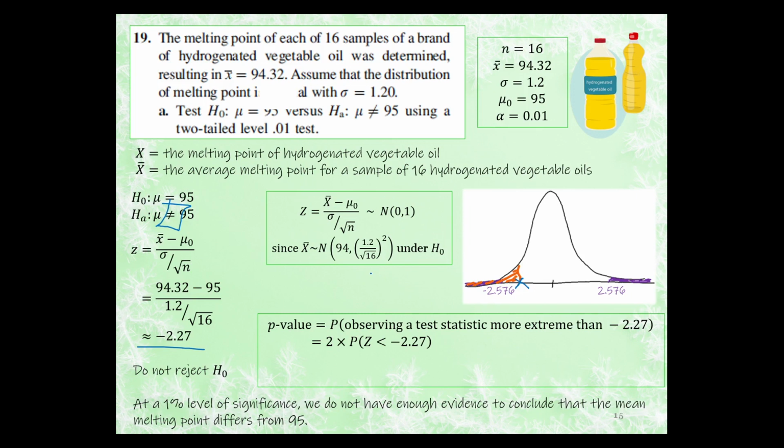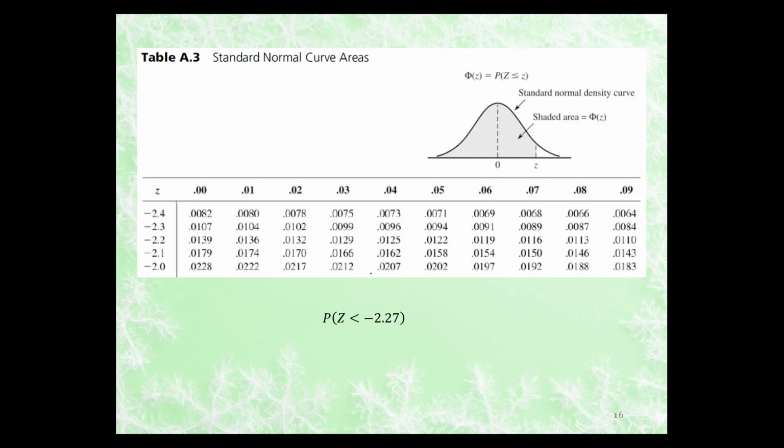So we need to go to our tables again and look for this value on our table. So we go here to minus 2.27, and we get that probability there. And I think I have looked at the wrong one here, so my apologies. I wrote the wrong answer here, so this should be a 6.